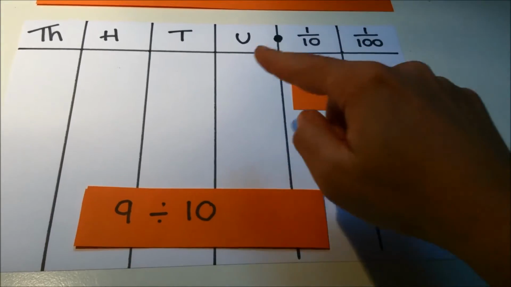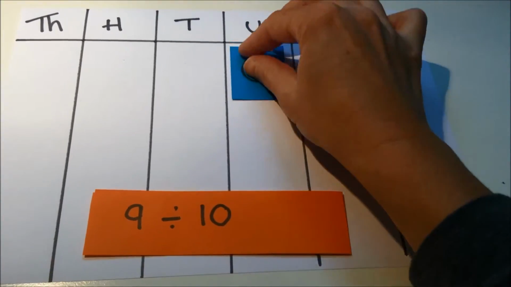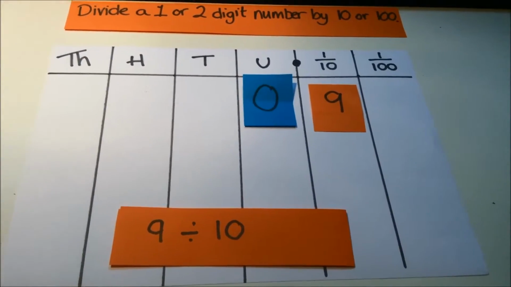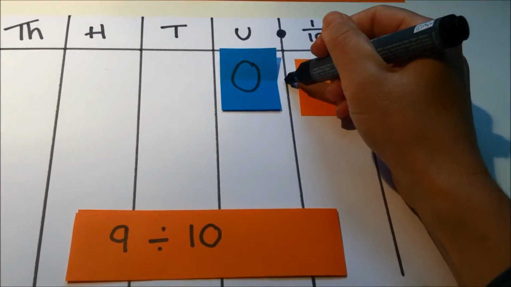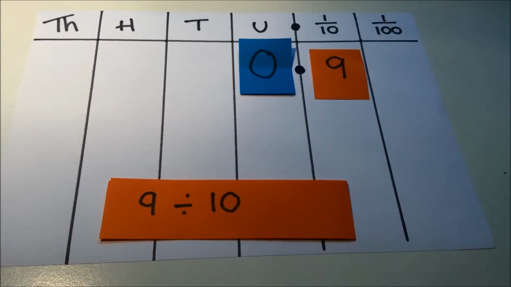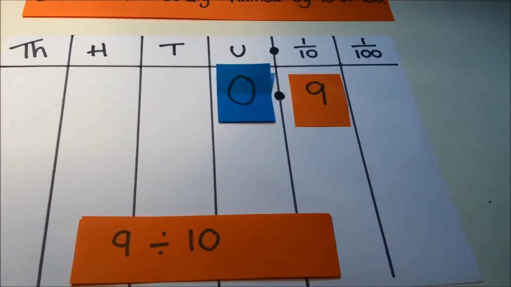So what we have to do is show that we haven't got anything in our units. We use a placeholder, and then we need to insert something else just to show that it's in the tenths column. And we have to remember to put in a decimal point there. So 9 divided by 10 is 0.9.